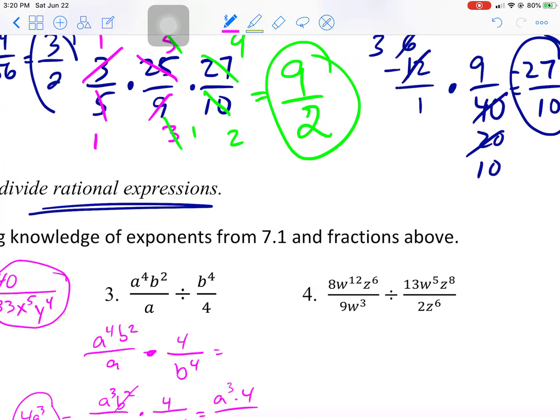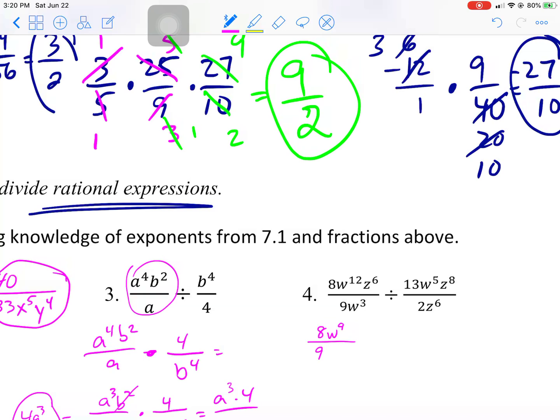And this last one, keep, change, flip. So some of these you could just reduce, like over here I could have reduced the A's on the spot. So let's reduce the W's here. We have 8 and 9, and then we have 12 W's up top, 3 underneath, which means leftover W's are on top. 12 minus 3 is 9. We'll put them back up on top here.